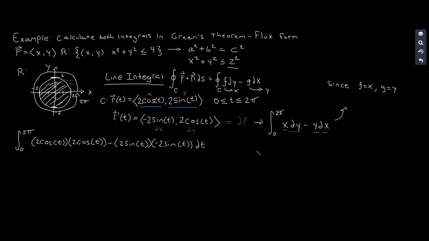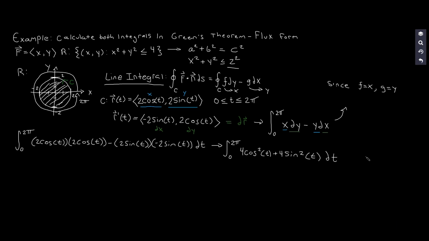And then this can be simplified to become the integral from 0 to 2 pi. 2 times 2 is 4. Cosine times cosine is cosine squared of t, minus 2 times negative 2, which is negative 4. So it's going to be plus 4 sine times sine, sine squared of t.